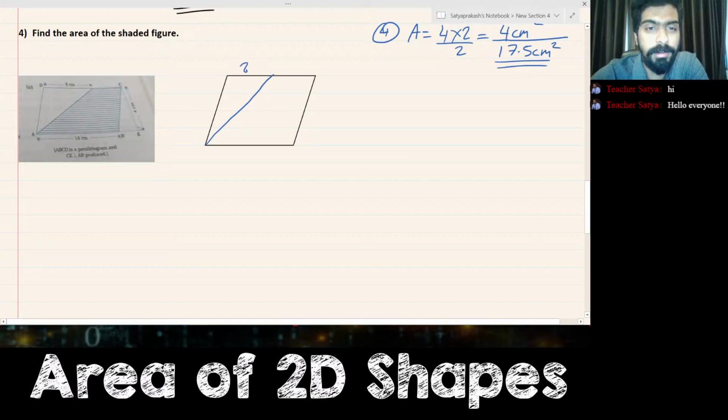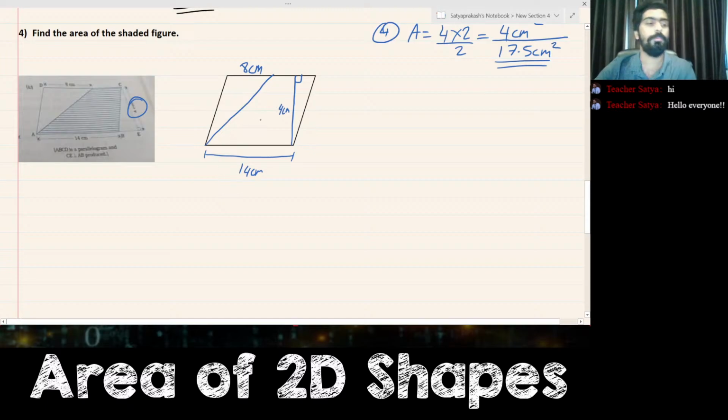So this is 8 centimeter. Now we know that this height is equal to 4 centimeter, so this is 4 cm, and the base, this one is 14 centimeter, right guys?